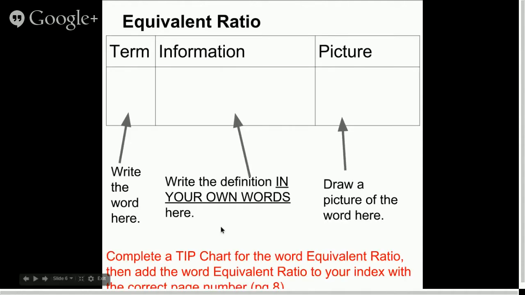All right, write equivalent ratio. Write a tip chart for equivalent ratio. Go ahead and pause it. Make sure you add it to your index as well.